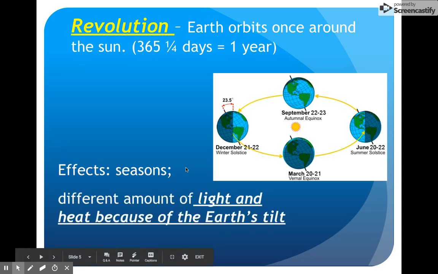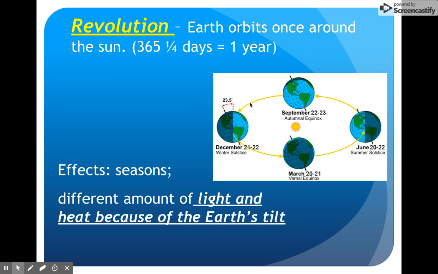The reason why we have seasons is because of the Earth, as it revolves around the sun. This takes the Earth 365 and 1/4 days to make one trip around the sun. While it's always going around, the Earth is again on that tilt.